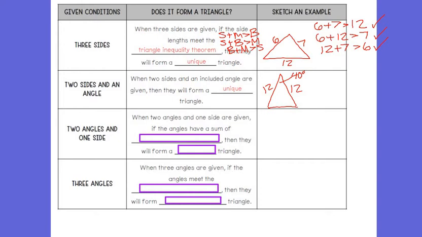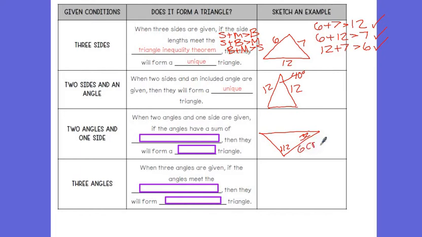Okay, the next one says two angles and one side. Do you see an example above that has two angles and one side? ABC. ABC? Okay, let's sketch that. I'm a terrible sketcher. I think this is 112 and then 32. And then how about the side?